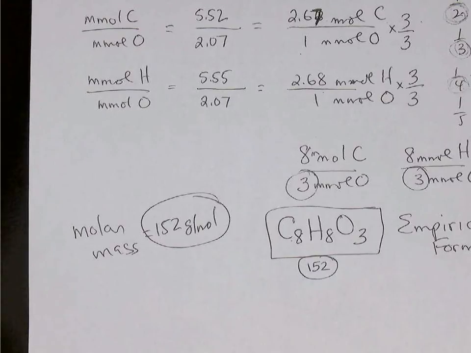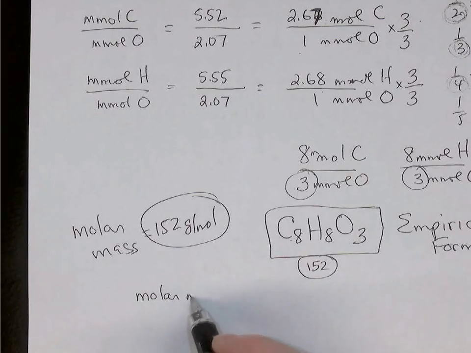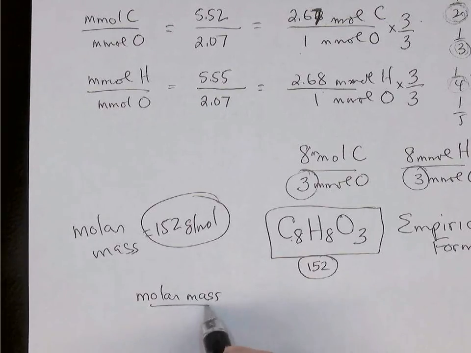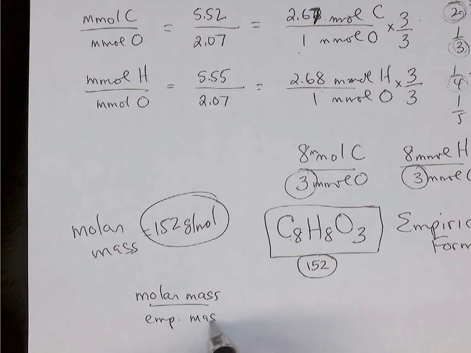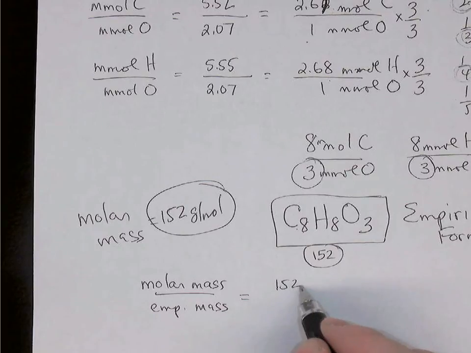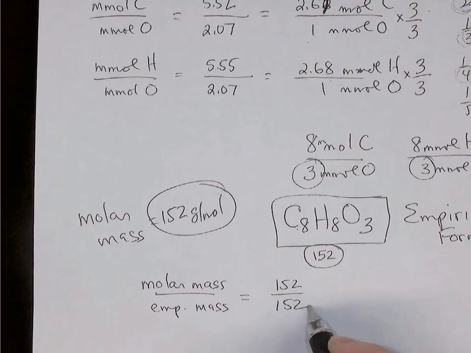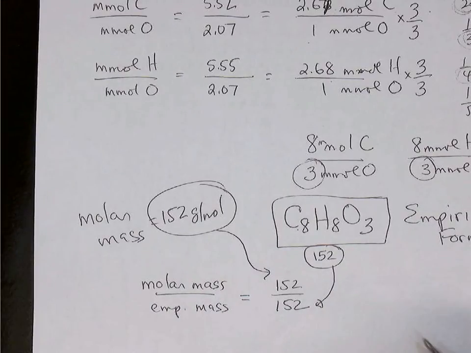What we want to do is take the actual molar mass and divide by the empirical molar mass. In this case, we would have 152 divided by 152, the actual molar mass divided by the empirical molar mass, and that gives us 1. Because it gives us 1, we know that these answers are the same.